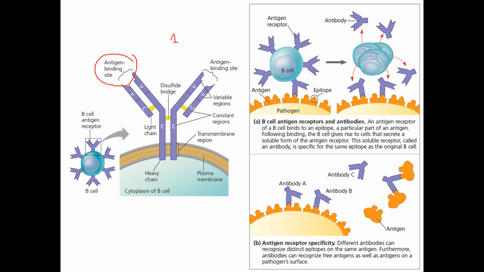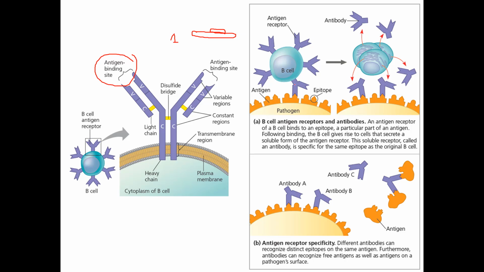So what are epitopes? Epitopes are a small region of the antigen which is recognized by the B cell receptor. If this whole thing is an antigen, the epitope is the small region. Here you can see an antigen consists of various epitopes. One can be circular or conical or other shapes, and this B cell will recognize only one particular kind of epitope. Then it will get activated.